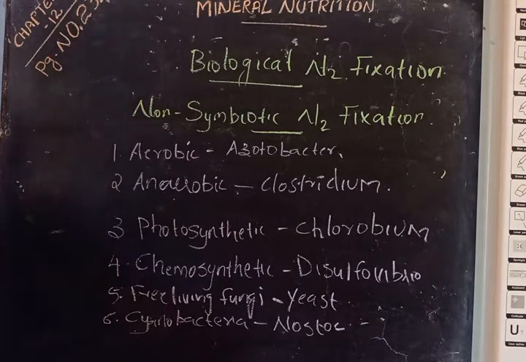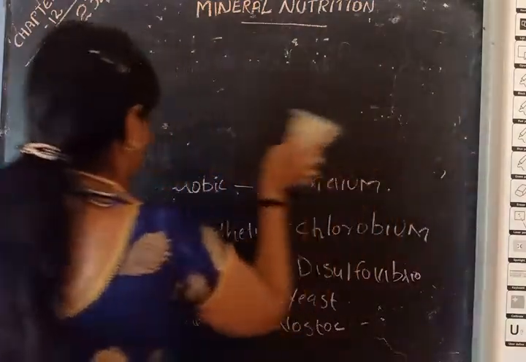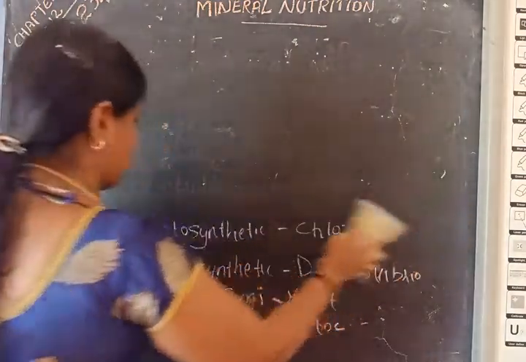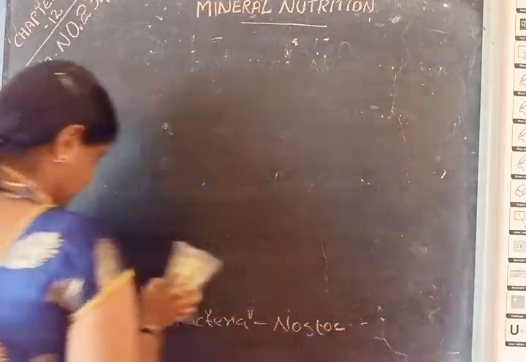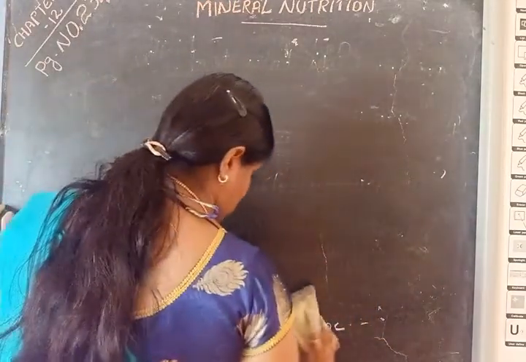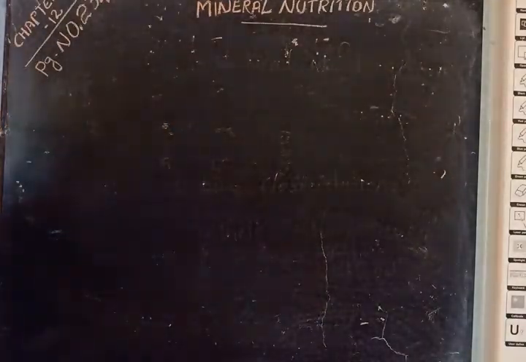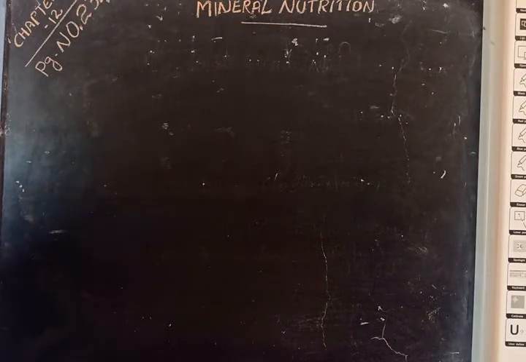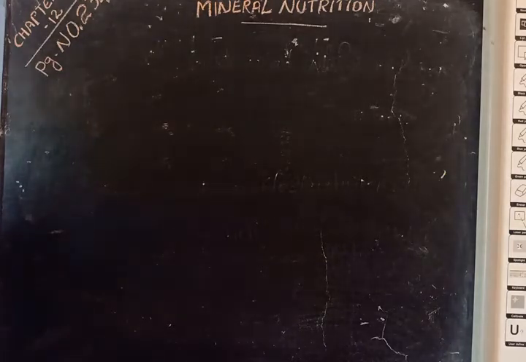Nitrogen fixation is of two types, biological and non-biological. Non-biological nitrogen fixation includes industrial and lightning, whereas biological nitrogen fixation includes symbiotic and non-symbiotic nitrogen fixation. Symbiotic nitrogen fixation is of leguminous and non-leguminous types. So these are about nitrogen fixation.